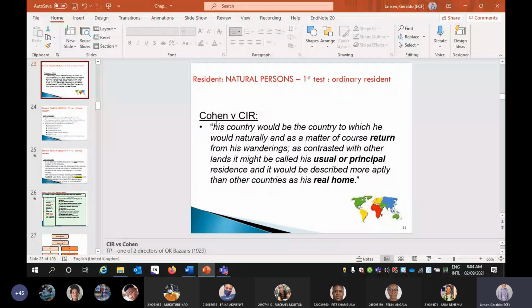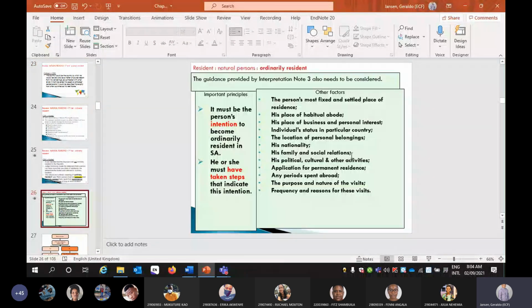The person's most fixed and settled place of residence, his place of habitual abode. So basically your habit. What do you consider your habit? With animals, we use the word habitat. Basically, that word comes from that.